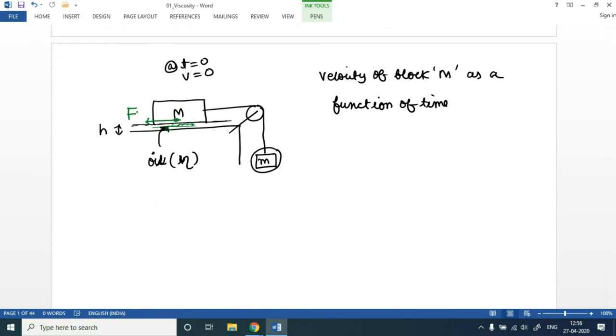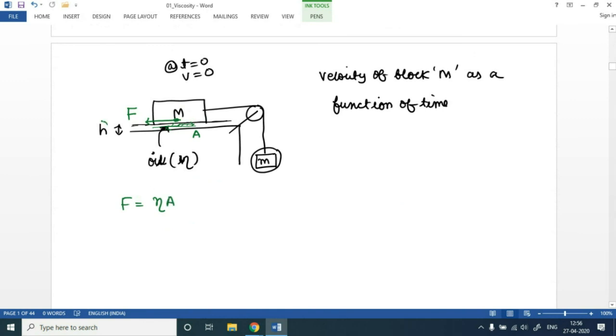Let's say this area in contact is A. So F is equal to, its magnitude would be eta times A.